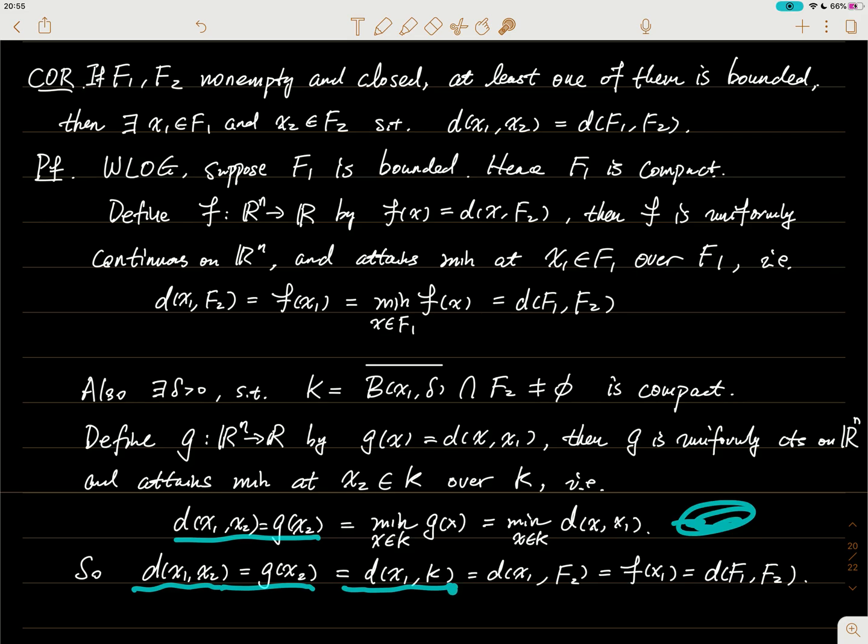And d(x1, K) is also equal to d(x1, f2) because K is the portion of f2 that is closer to x1, as we drew earlier. And this, according to our definition of f, is just f of x1. And f of x1, as we showed earlier, is just d(f1, f2). So that's how we show that x1 is from f1, x2 is from f2, so that d(x1, x2) is equal to the distance between f1 and f2.